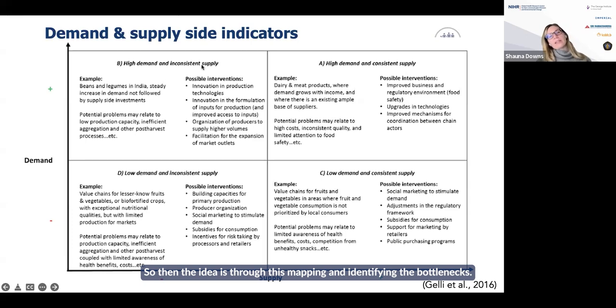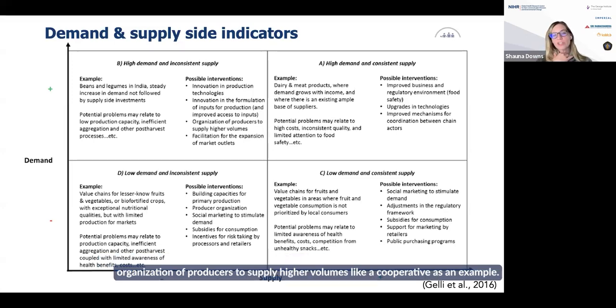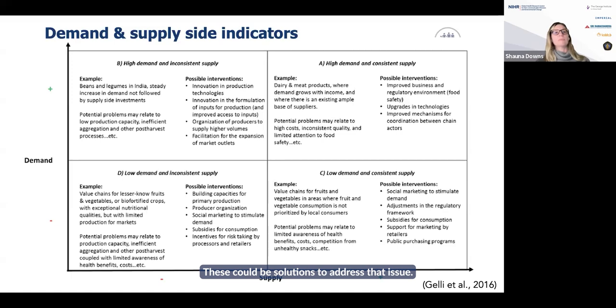Then the idea is, through this mapping and identifying the bottlenecks, you'd identify potential solutions or combinations of trade-offs. So things like innovation in production techniques, innovation in the formulation of inputs for production, or organization of producers to supply higher volumes, like a cooperative as an example. These could be solutions to address that issue.